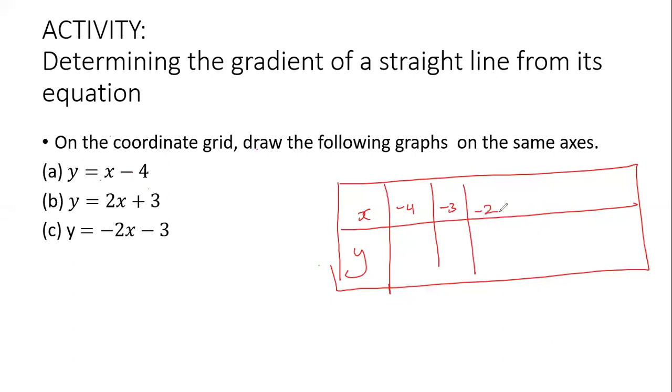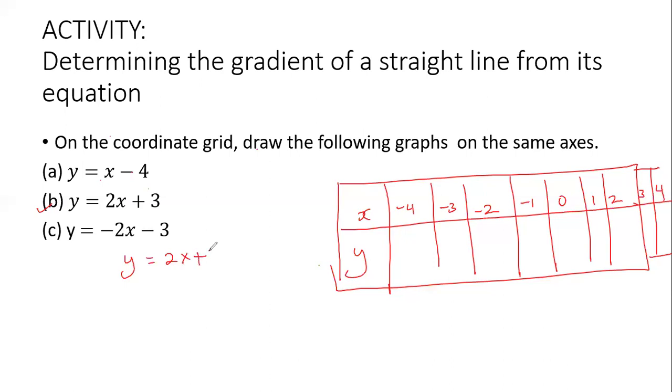You draw your table, 1, 2, 3, up to when you reach 4. Then we are on part B. We have y is equal to 2x plus 3. And therefore, we first work out the first value, which is -4.